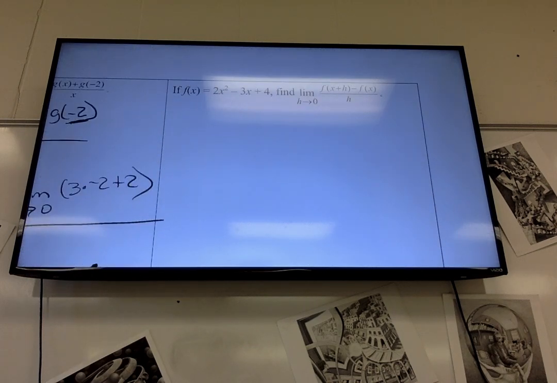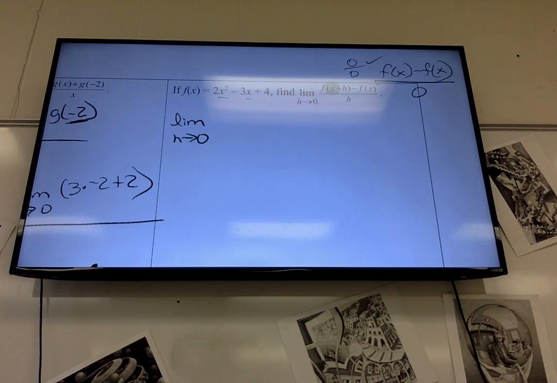For this one, same type of thing. I'm going to plug x plus h in for x here. When I do the limit as h approaches 0, if I plugged it in here, I would get f of x minus f of x over 0, which is the indeterminate form. So obviously we're going to have to do it another way.